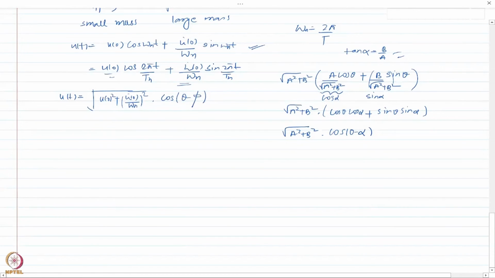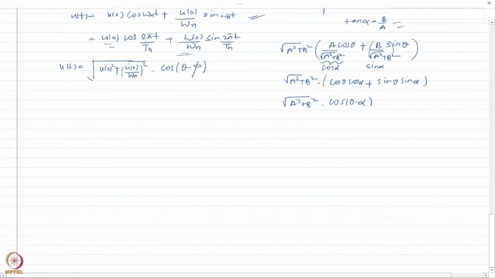Now I know that the maximum value of the cos function is plus 1, so the maximum value of u of t would be, let me write it as u naught, with this.